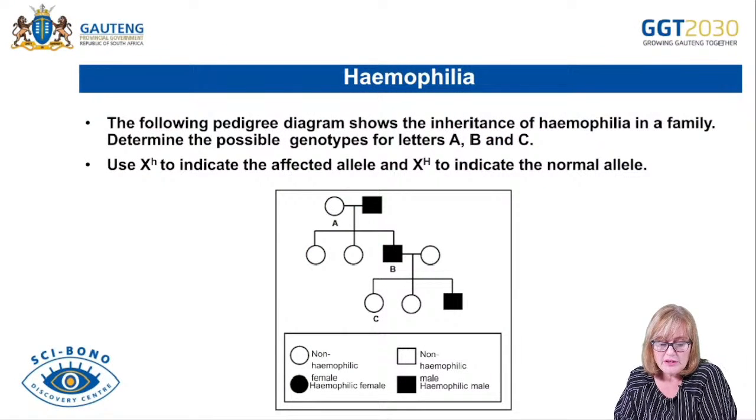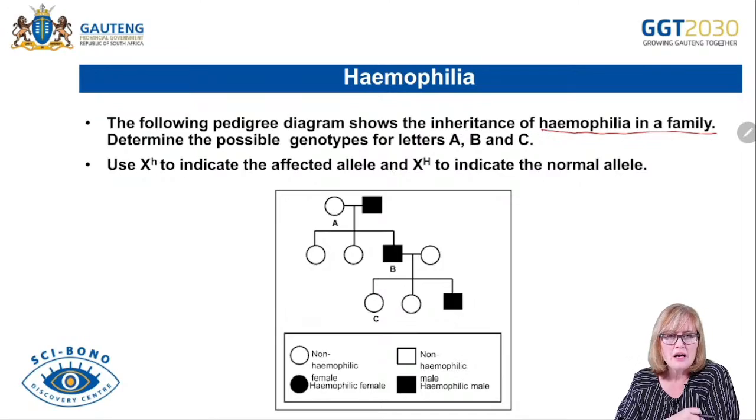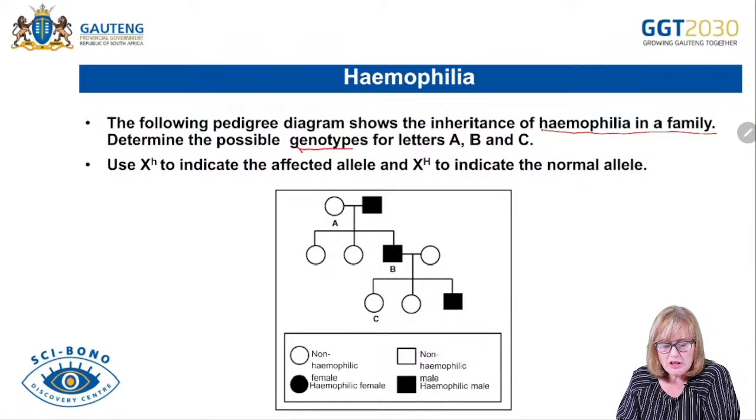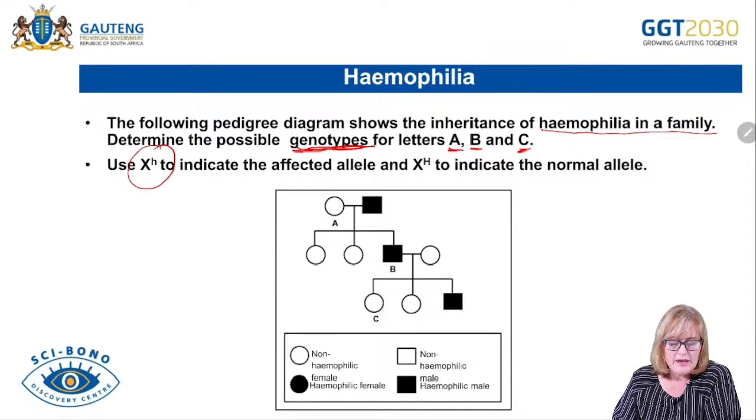The following pedigree diagram shows the inheritance of hemophilia in the family. Remember, that's that bleeding disorder where the blood doesn't clot and people can die, bleeding out and so on. Very painful as well and so on. Determine the possible genotypes. Read the question, underline what they want for letters A, B, and C. Use X small h for the affected allele.